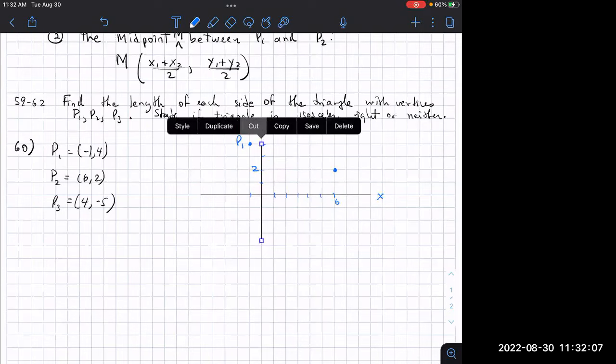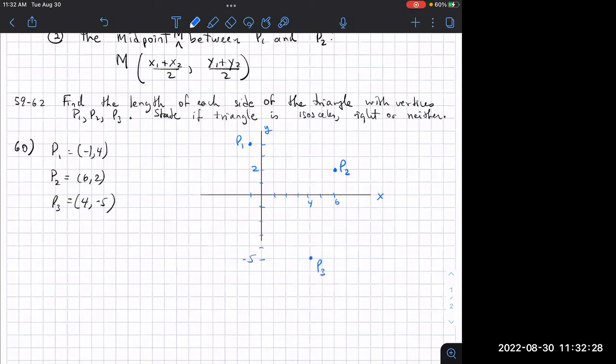And P3 is 4, negative 5. Okay, so here's the triangle.